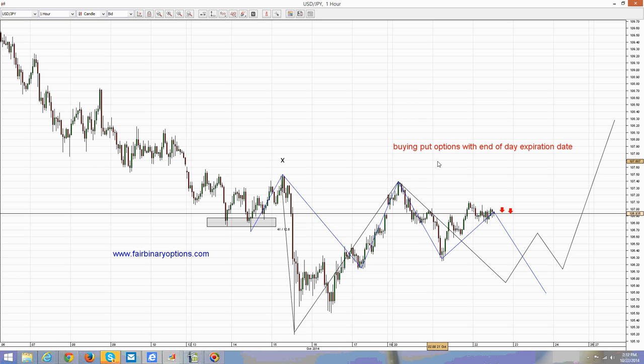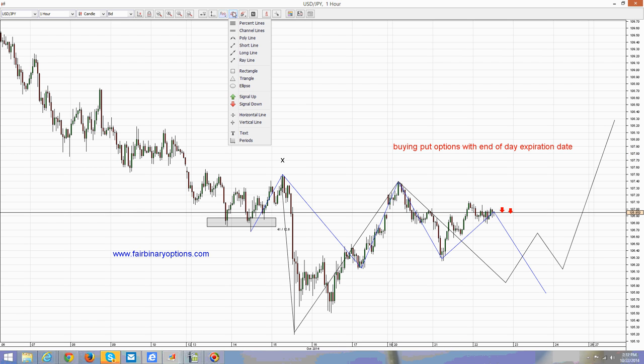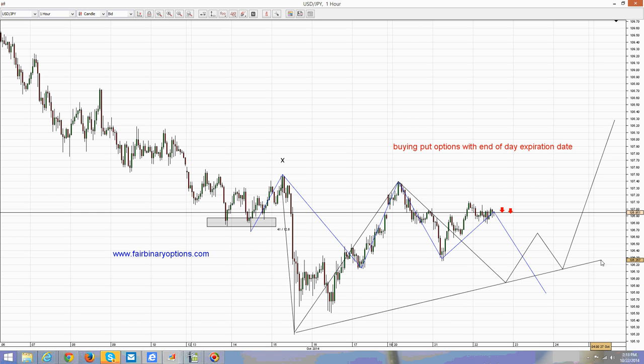Now, like any triangle, this one should travel within the A and C trend line and the B to D trend line. This would be the A and C in the first case scenario, in the black one. Like this.